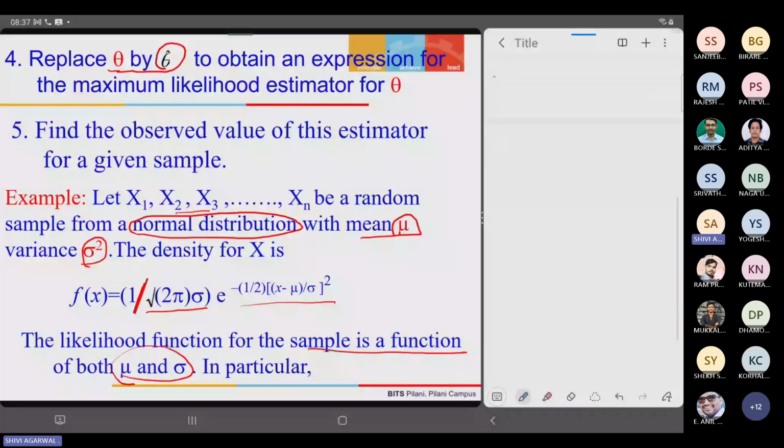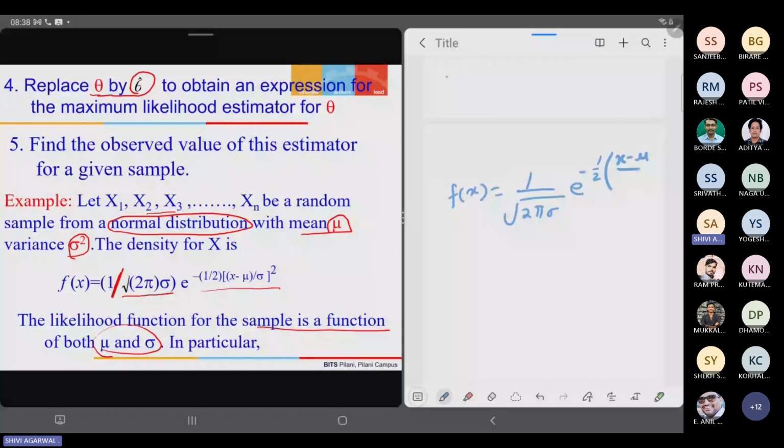That is f(x) is equal to 1 upon square root of 2 pi sigma, e to the power minus 1 by 2, (x minus mu upon sigma) whole square.